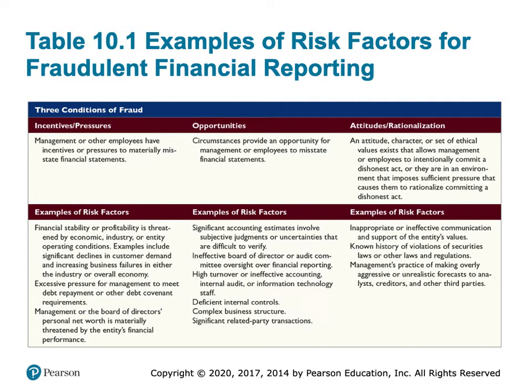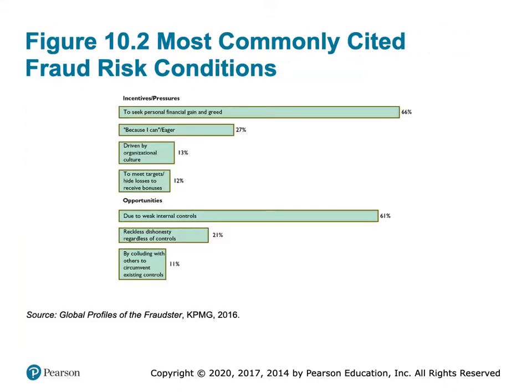Most of the time it's situations where you want to be ahead of your competitors or you want to be in line with your competitors and you simply aren't. So, personal financial gain, this goes to a lot of stock incentives that are granted particularly with technology companies.